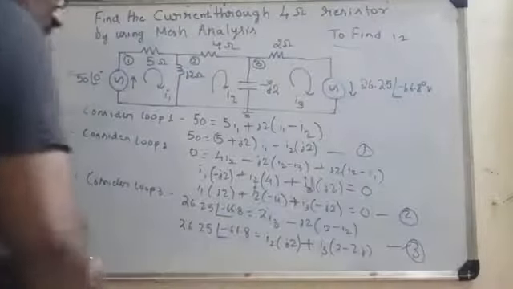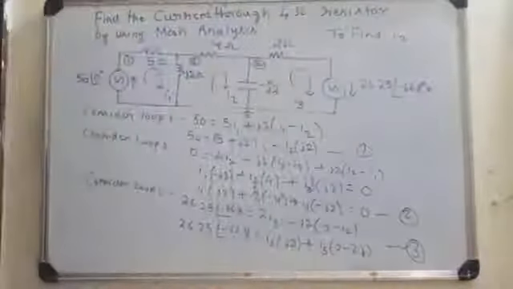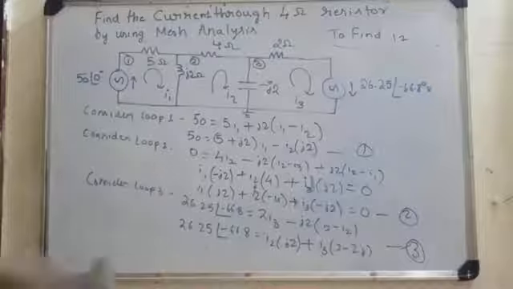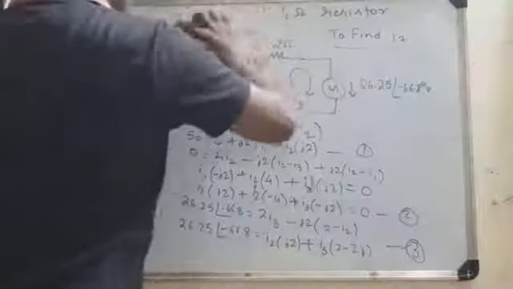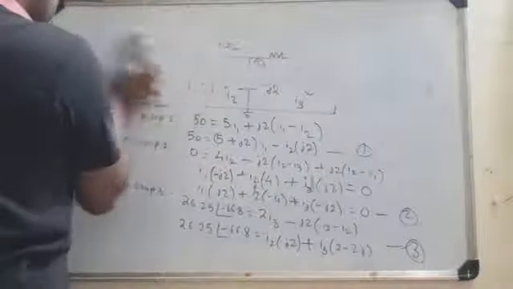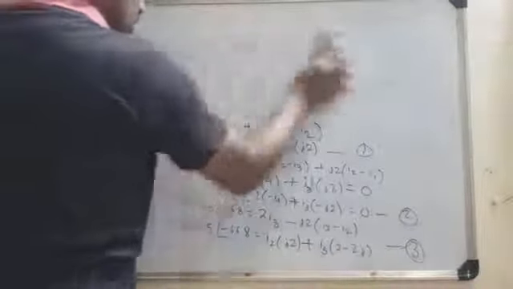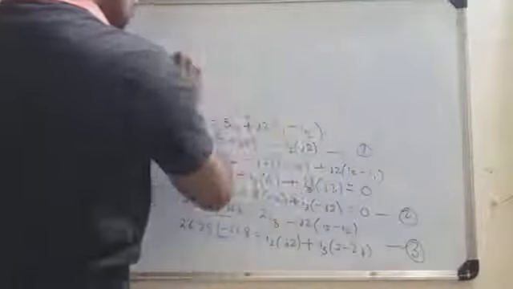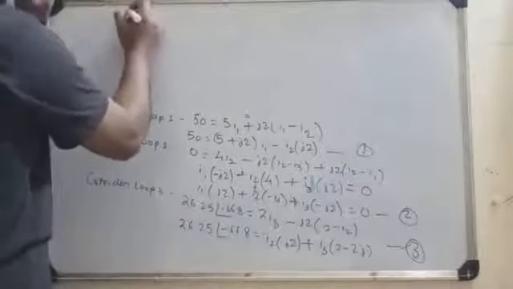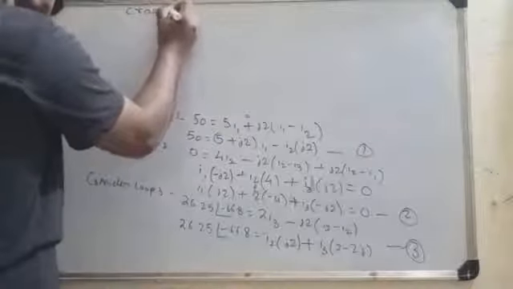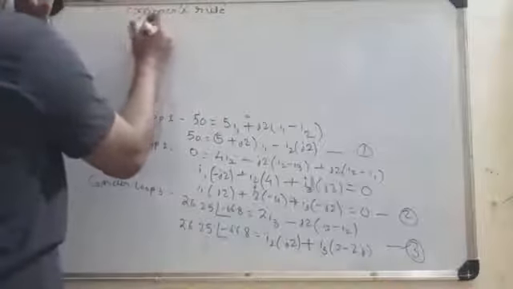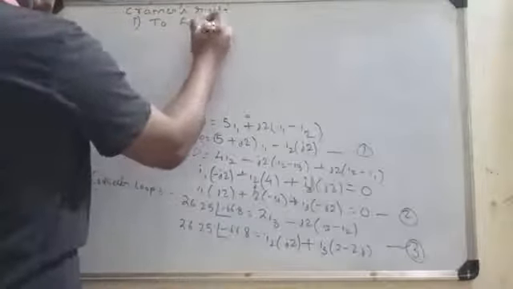Now, since it is complex value, we cannot solve this by using a calculator. So we have to use Cramer's rule. So let's see how to use Cramer's rule for this problem. First we need to find delta.